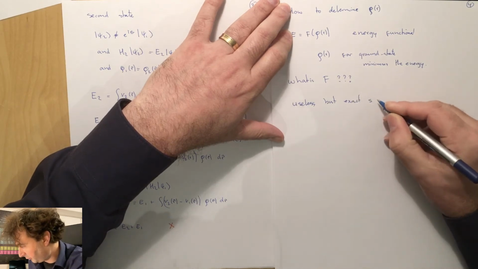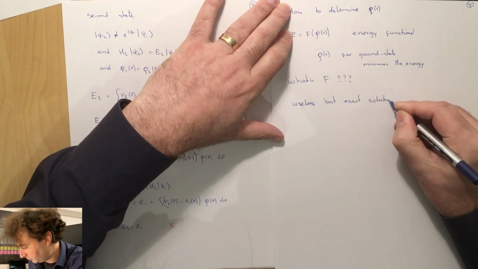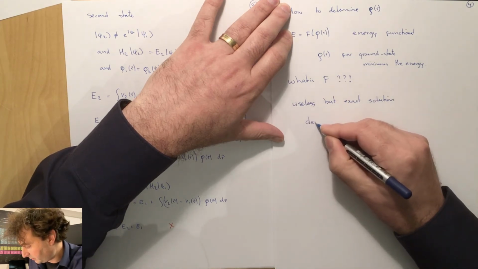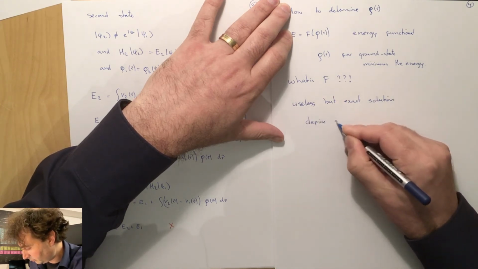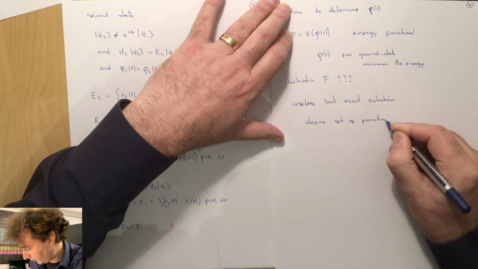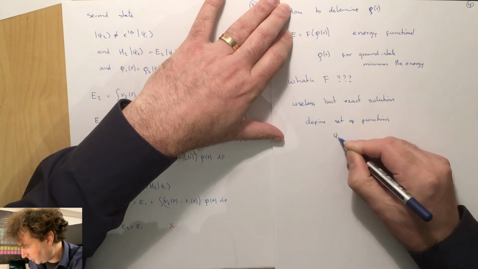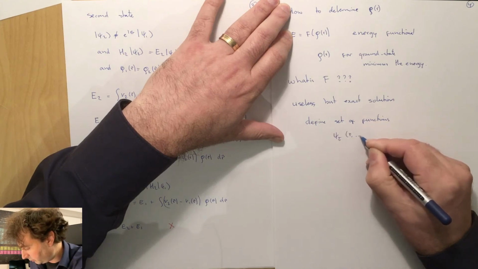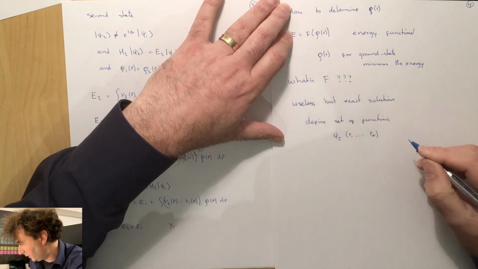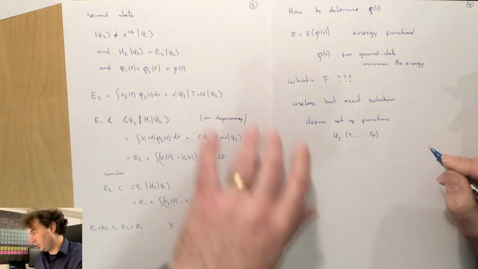For the density functional, we can define a set of functions psi tau of coordinates 1 up to n for n particles that are antisymmetric and normalized.